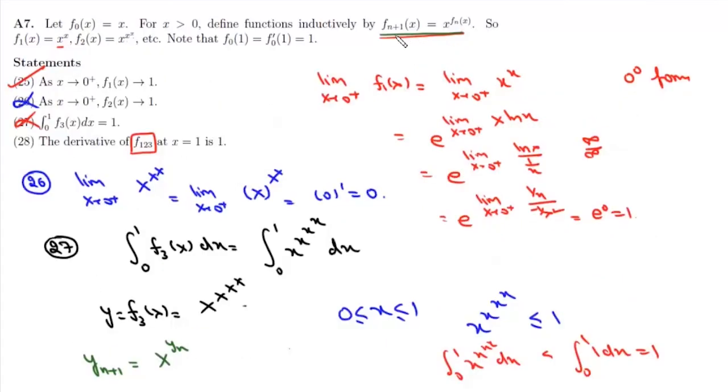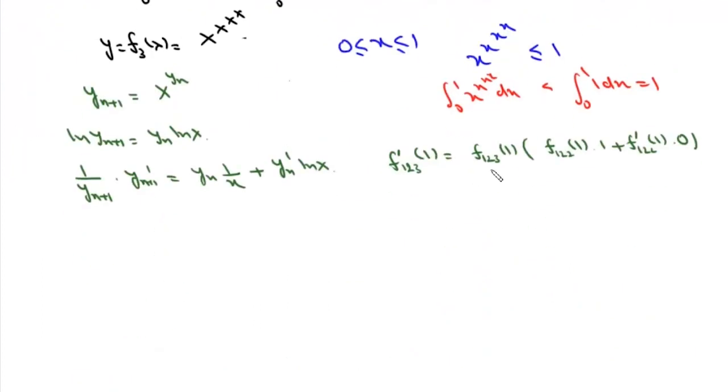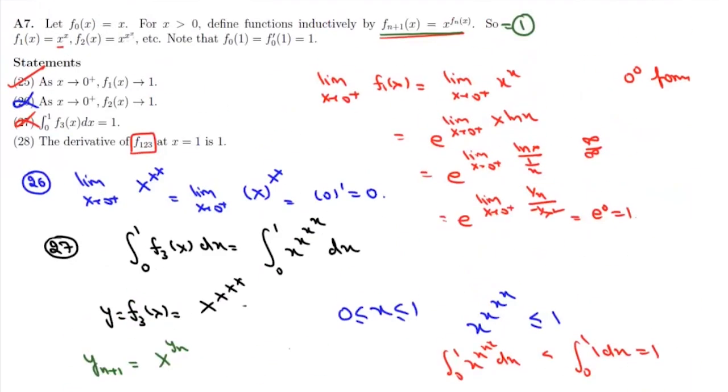Now any f(n+1)(x) at 1 is 1 to the power 1 to the power 1 to the power 1, so this value will always be 1. So the value of f123 at 1 is 1 and f122 at 1 is also 1. So the value of this derivative will be 1. That means the statement 28 is correct. So the correct statements are 25 and 28.